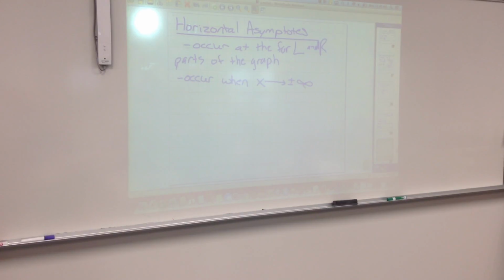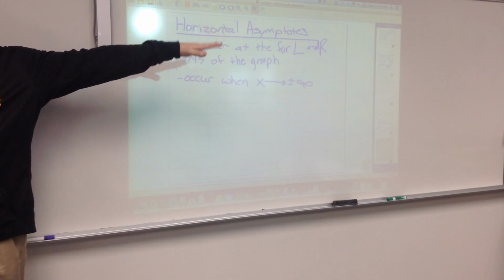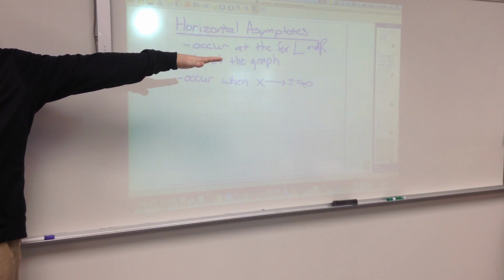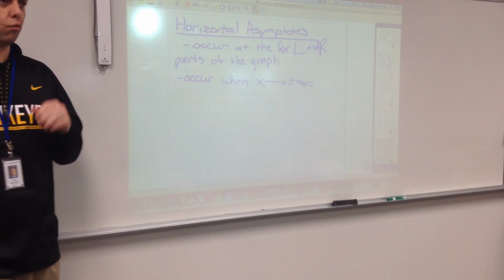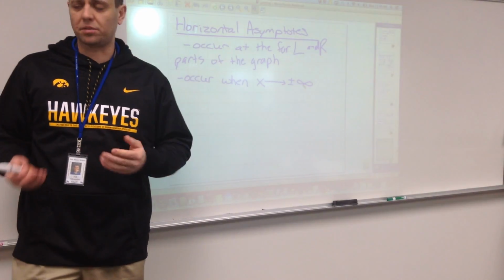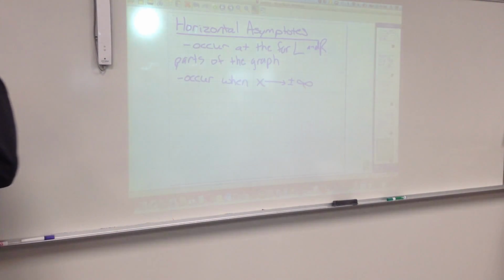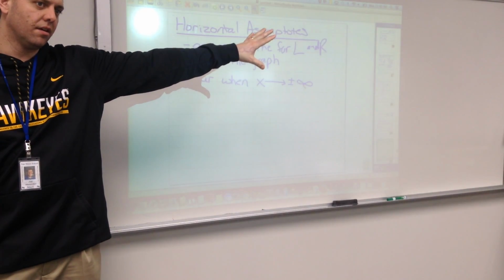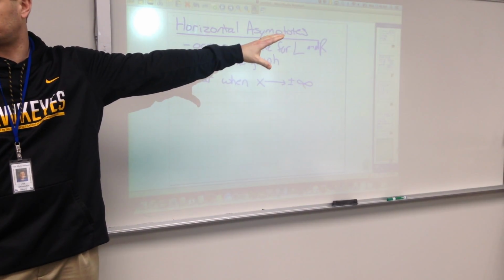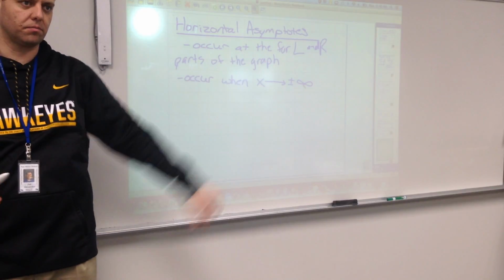They really don't exist in both directions forever. So if we say something has a horizontal asymptote of y equals 1, sometimes a graph might cross y equals 1 kind of near the origin. But I guarantee you, as x goes to positive infinity, the graph will be getting really close to that horizontal asymptote.